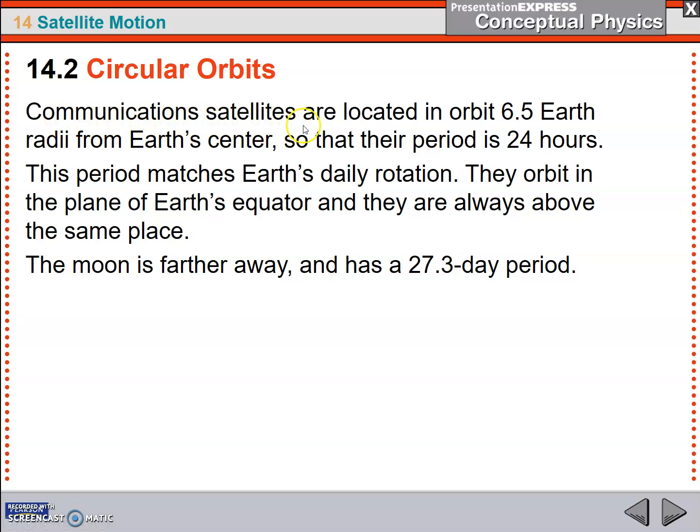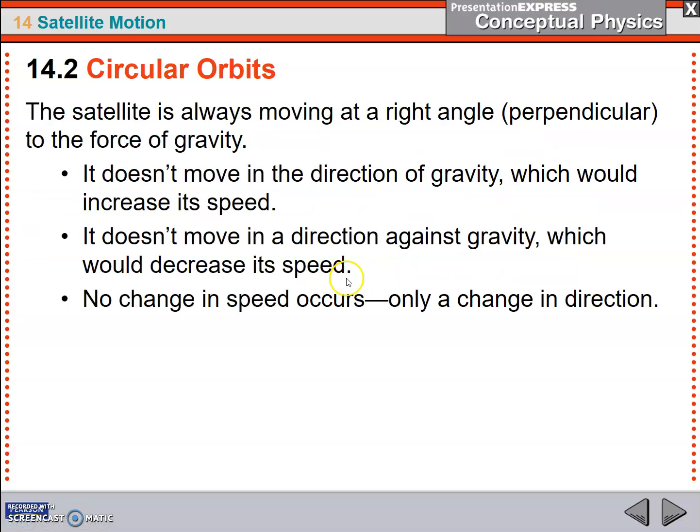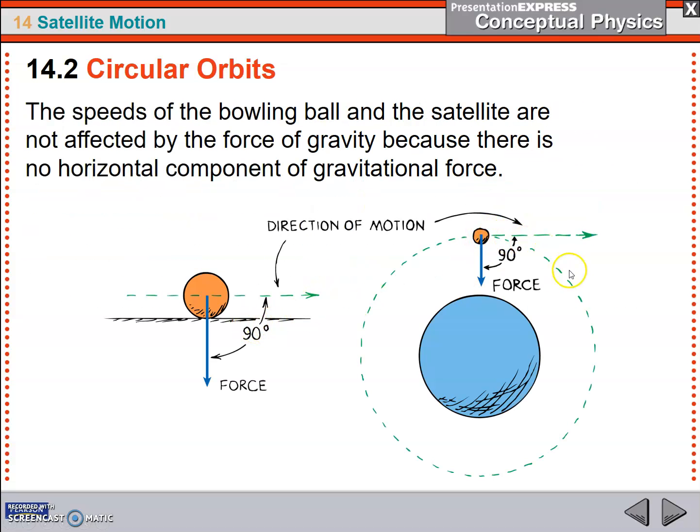So communication satellites are located in orbit 6.5 Earth radii from Earth center. So their period is 24 hours. So if a satellite is orbiting the Earth, going around the Earth once every 24 hours, and the Earth is rotating once every 24 hours, if you're standing right there on the Earth and you look straight up, you see the satellite.